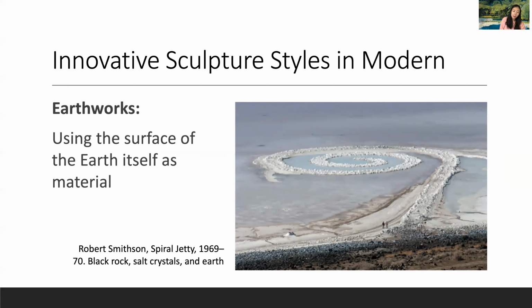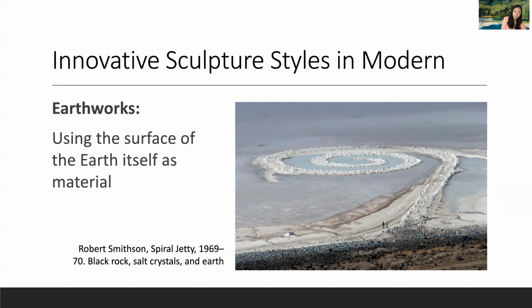So prehistoric artists of the Americas made monumental sculptures that used the surface of the earth itself as material, just like this work. So this was additive sculpture on a large scale, and it is called earthworks. The best known modern artwork is Robert Smithson's Spiral Jetty in the Great Salt Lake in Utah.